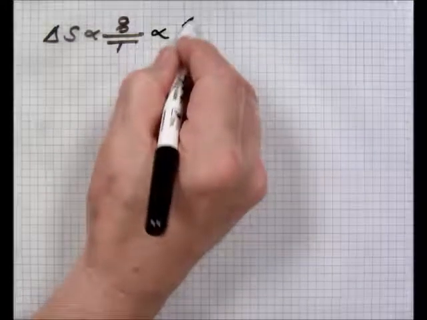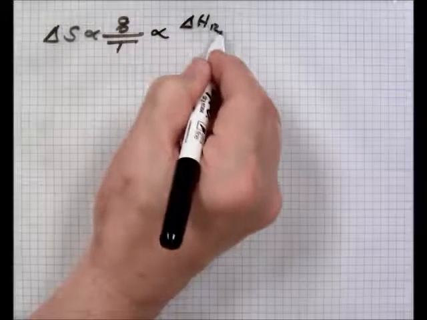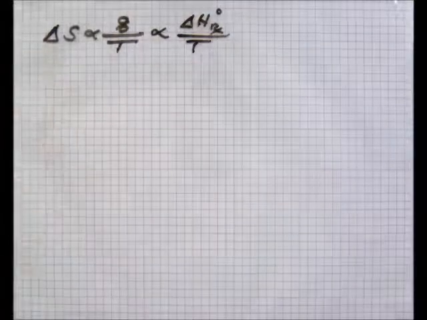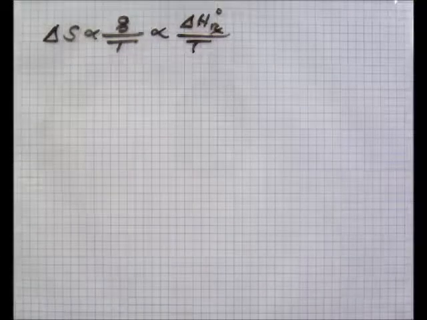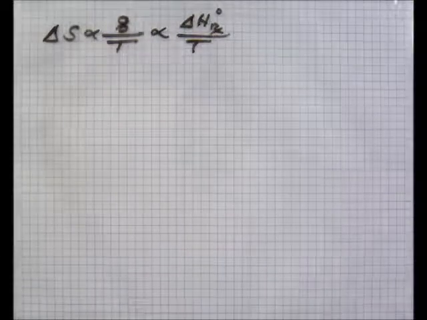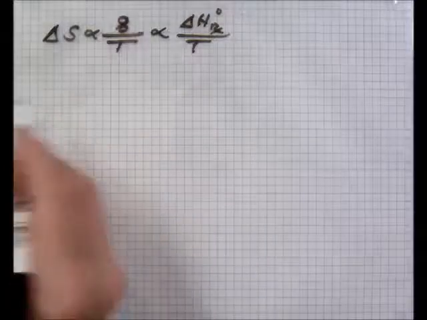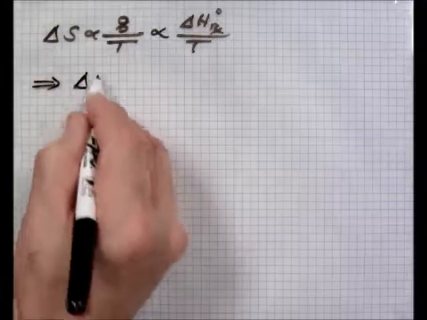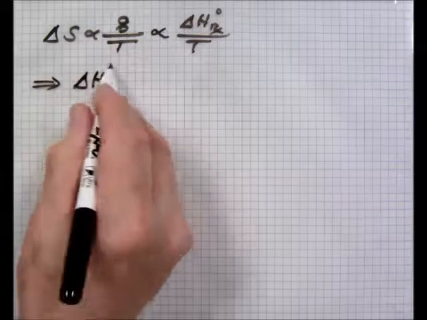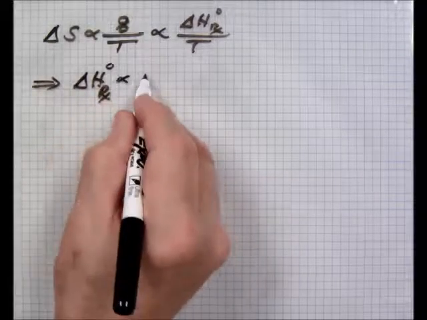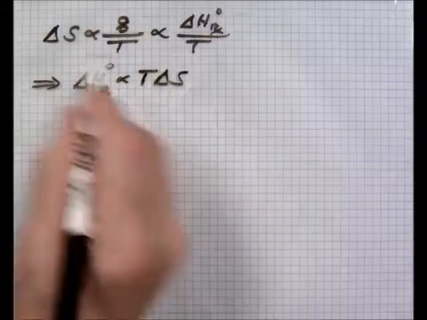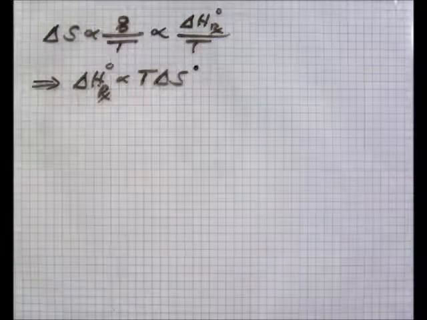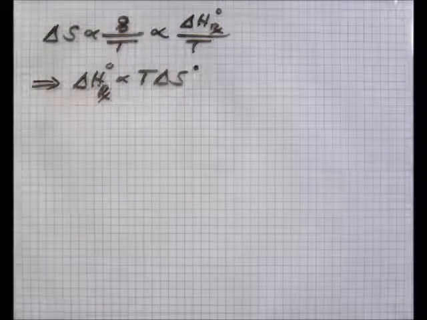So we can put delta H of reaction here, and the temperature being, say, 298 or whatever you choose as the denominator. Now, the application of this is to rearrange and solve for delta H of reaction proportional to T delta S, like this. That's your application equation.